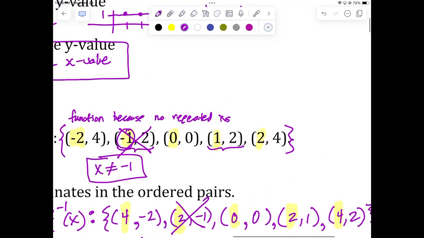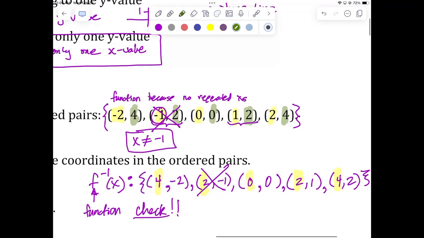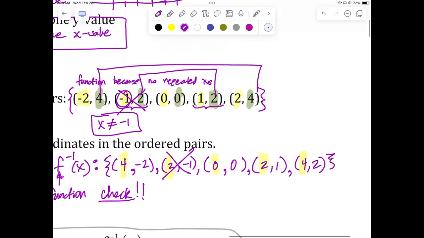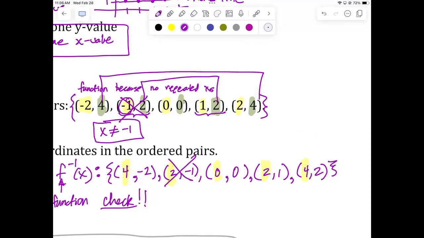So I could have easily seen right away, I have a 4, a 2, a 0, a 2, and a 4. Uh-oh. Do I need to restrict the domain some more? Yeah, I not only have a repeated 2, I also have a repeated 4. So I have 4 going to 2 places. You can check if a function is going to have an inverse function before you even flip them around just by checking the y values. That's the horizontal line test.